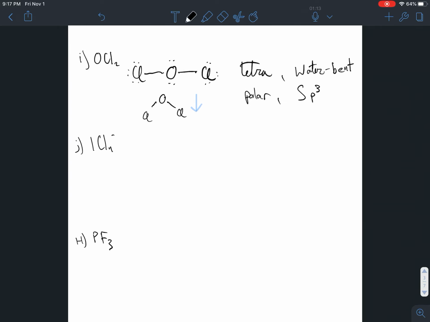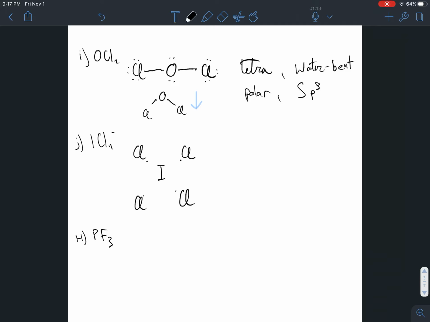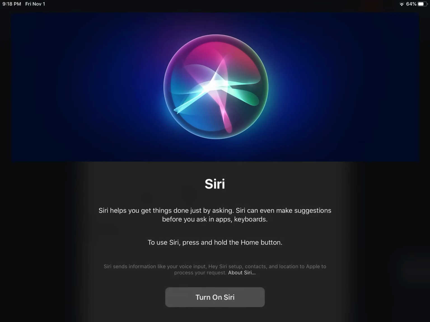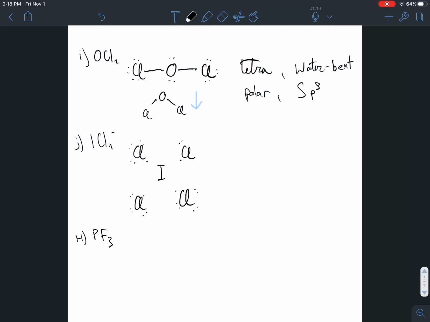Okay, ICl4 minus, I, Cl, Cl, Cl, Cl. Like we know with the halogens, there's 1 electron, and then they each have their 6 electrons that they hold on to. Whenever you have fluorine or chlorine or bromine, it kind of looks like this. And we have another iodine there.